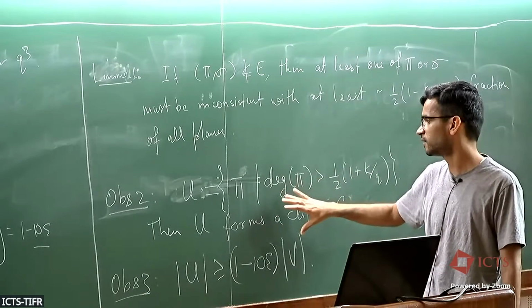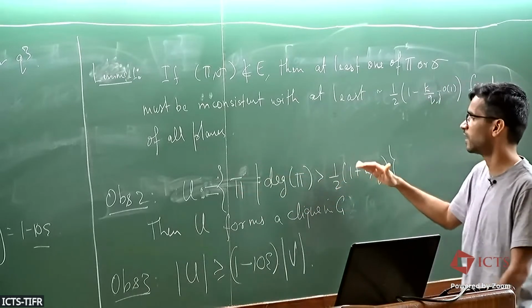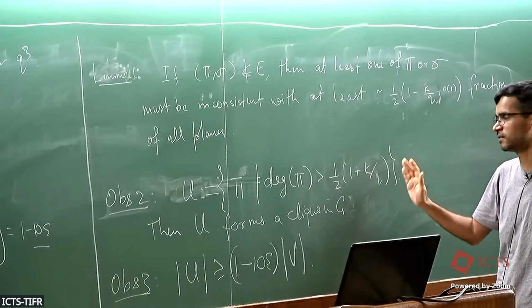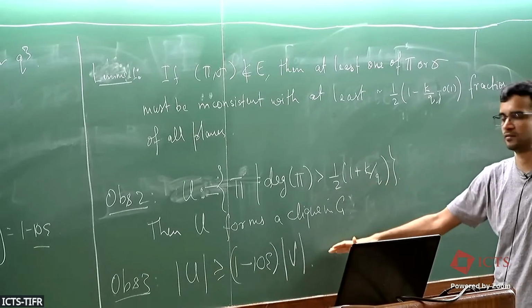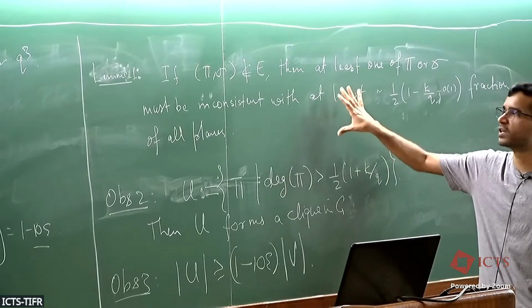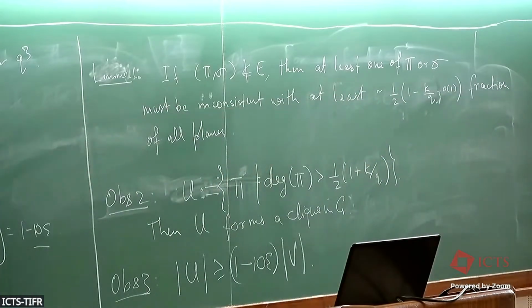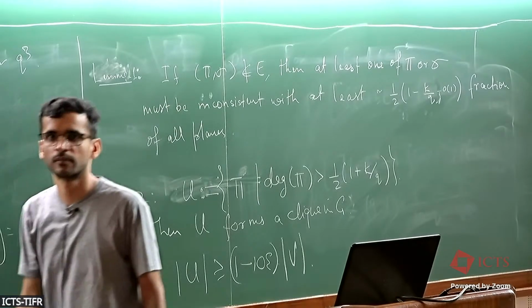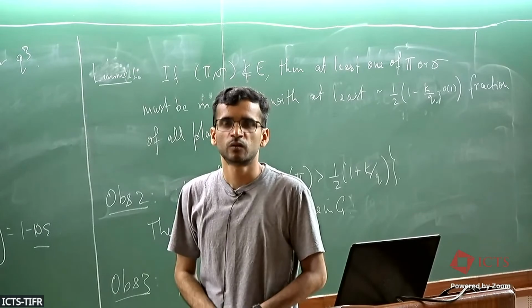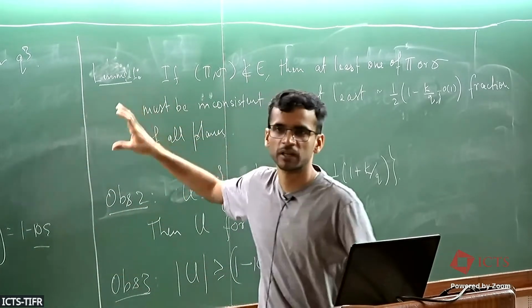From that, we will conclude that the set of vertices with degree larger than half times 1 plus k over q should be practically everything. So the only thing we haven't proven here is this. Once we prove this lemma, this will conclude our step 1. And then we'll go and do other things to prove step 2. Okay, so let's stop here and we'll start from here next time and continue.